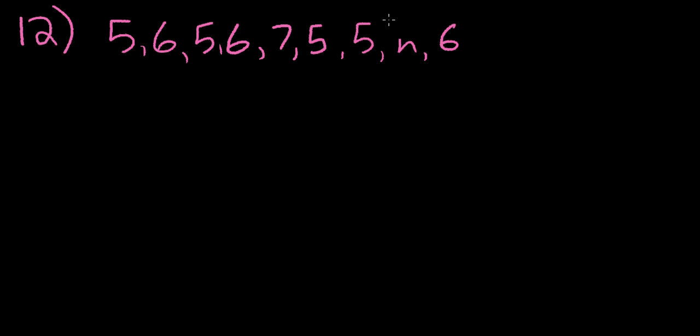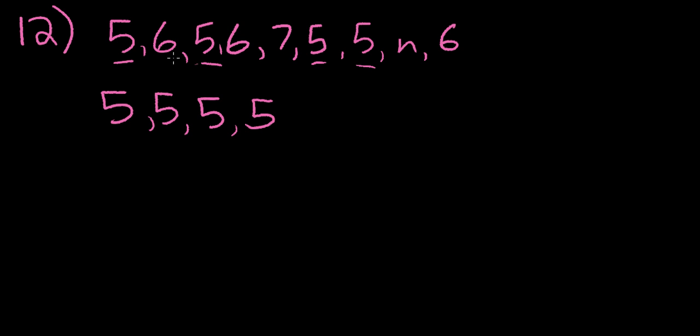So, if they're asking for a question of medians and modes, what I like to do is put the numbers in order. So let's see, there are 1, 2, 3, 4, 5. So 5, 5, 5, 5, and there's 1, 2, 3 sixes. 6, 6, 6, and there's 1, 7.